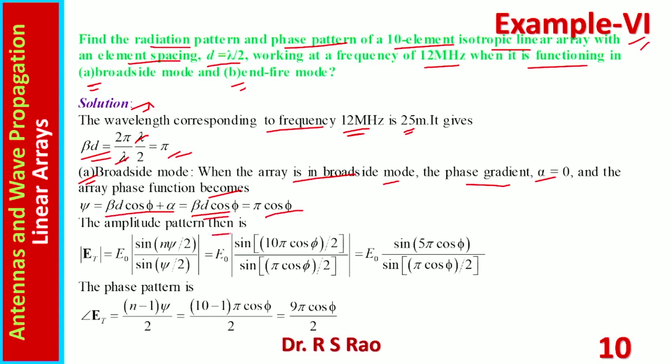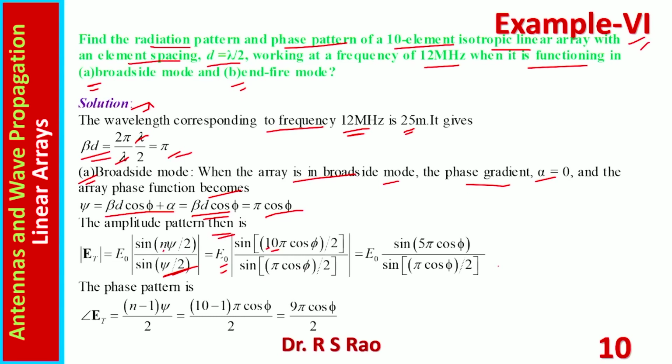The amplitude pattern then is mod E_t equals E naught mod sin N psi by 2 by sin psi by 2. So it becomes E naught mod sin 10 pi cos phi by 2. What is this 10? N is 10, the number of elements. Substitution gives this quantity divided by sin pi cos phi by 2.